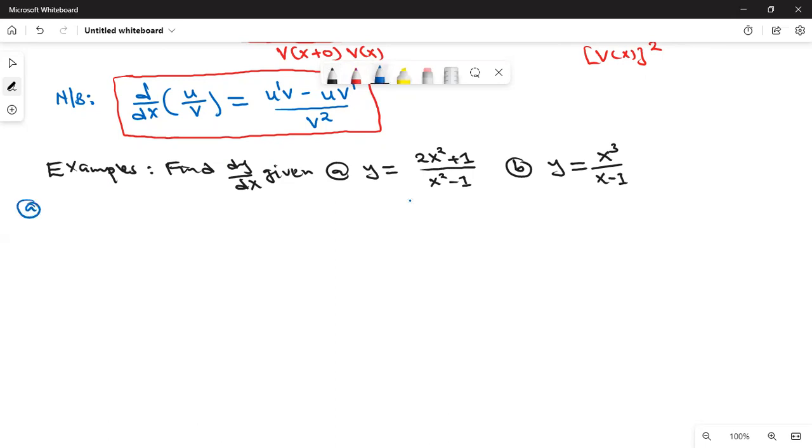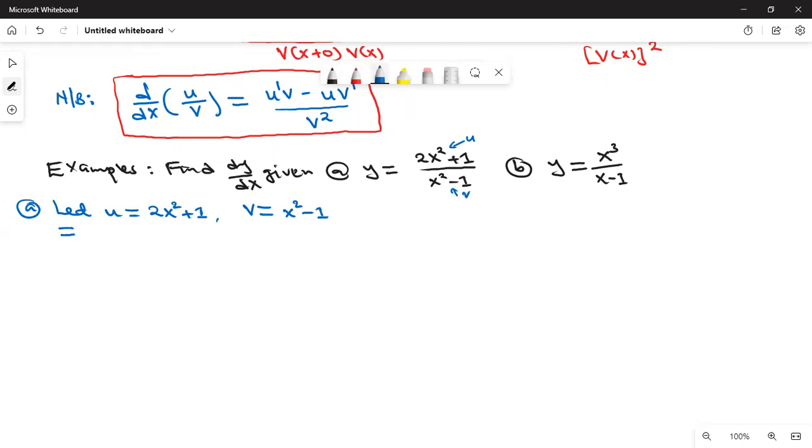Solution for part A. We are going to start by saying let the numerator be u and the denominator be v. So let u equal 2x squared plus 1, and v equal x squared minus 1.